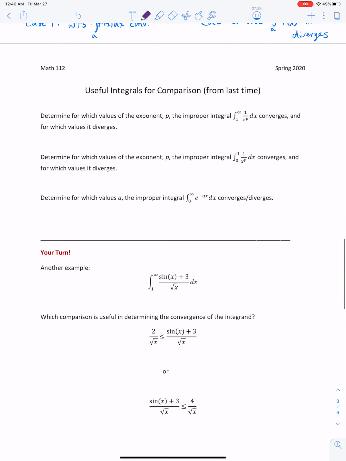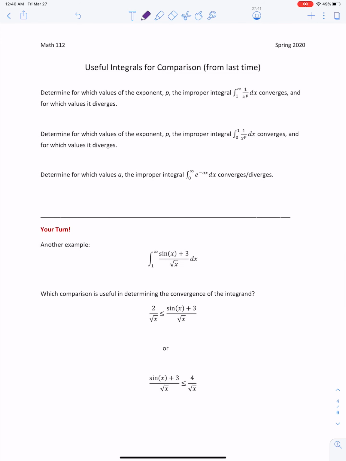And then last time you computed some integrals for some families of functions. And so I just want to go ahead and make sure you have the right answers for these. And it turns out that these are very, very useful for comparison functions.